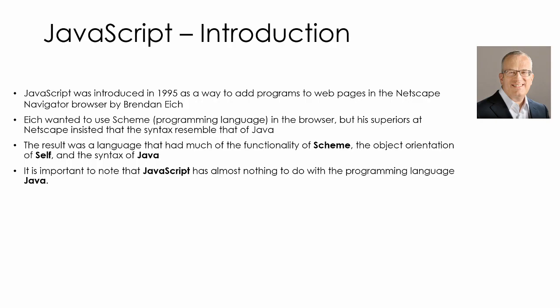The result was that JavaScript had much of the functionality of Scheme, the object orientation of Self, and the syntax of Java. Isn't it awesome? It's very important to understand that JavaScript is nowhere related to Java except for some similar syntax.